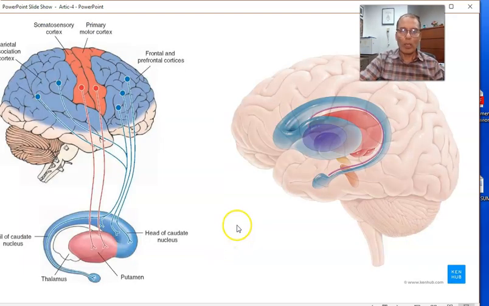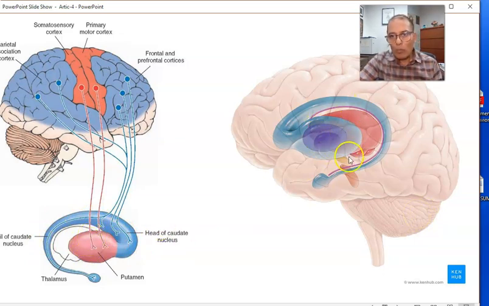So here's the cerebellum, and you have the basal ganglia, for example, here, and they are in the core of the brain, and they are important for motor functions, motor regulation, and for language, and for emotions.